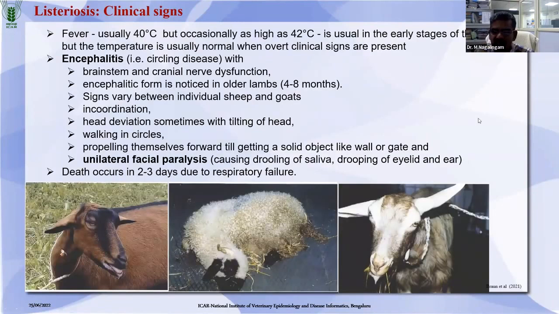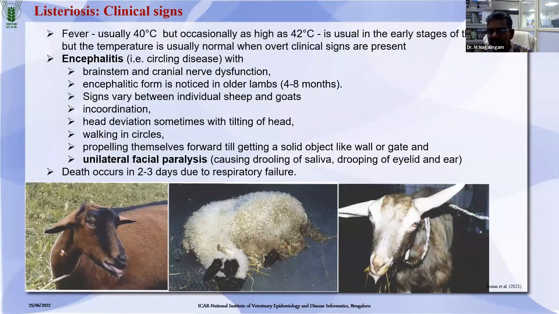First, when we see the clinical signs in case of encephalitis, as we already discussed, it is also called a circling disease. So at the start of the disease, it exhibits fever, usually 40 to 42 degrees, in the early stages of the disease before it expresses other symptoms.